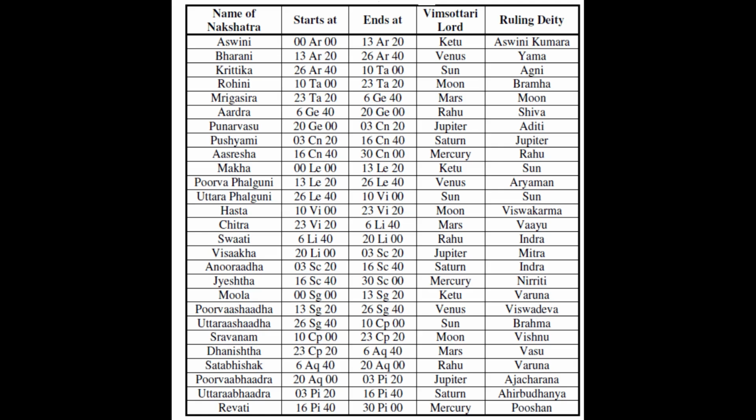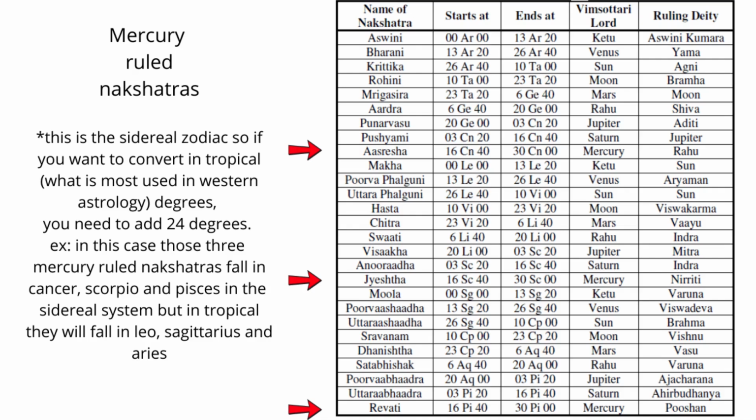So let's say that your Darakaraka is Mercury. Very likely, the spouse will have placements in those nakshatras. And when I say placement, I mean big three: sun, moon, or ascendant especially. They will have that in one of those nakshatras, more often than not.